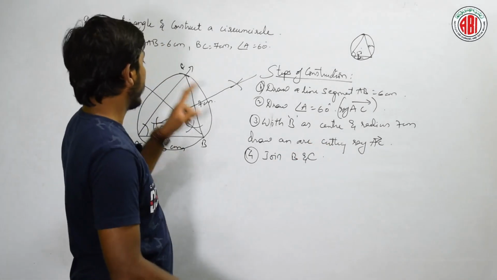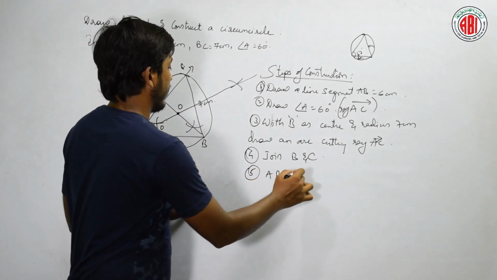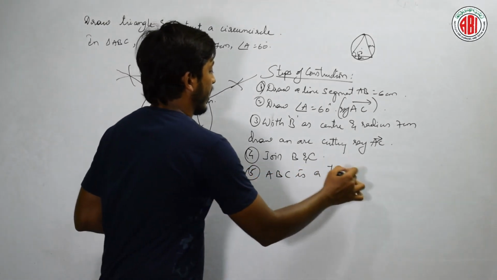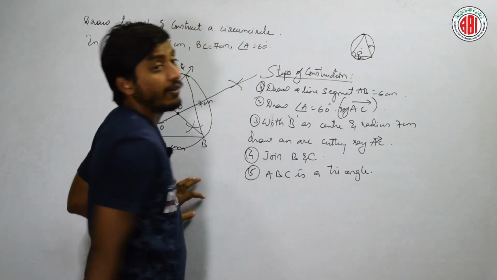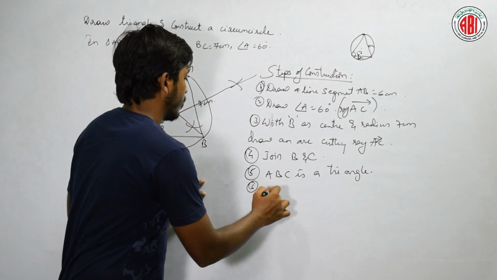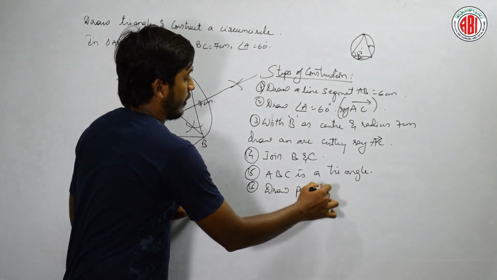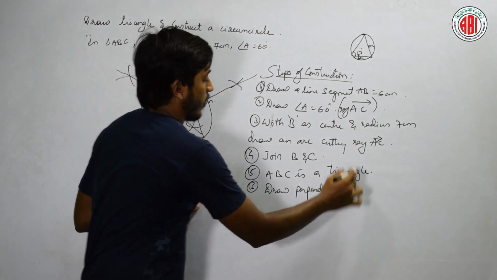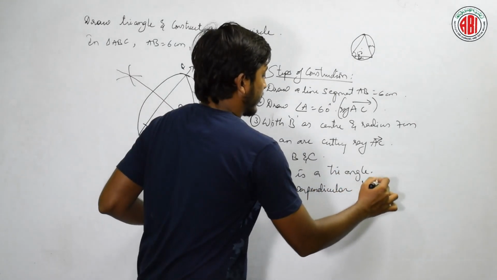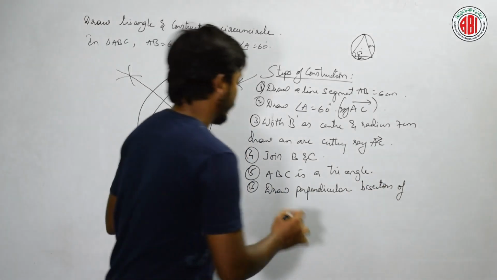Now, if you observe, ABC is a triangle. What is the next step? Draw perpendicular bisectors for any two sides, AC and BC.